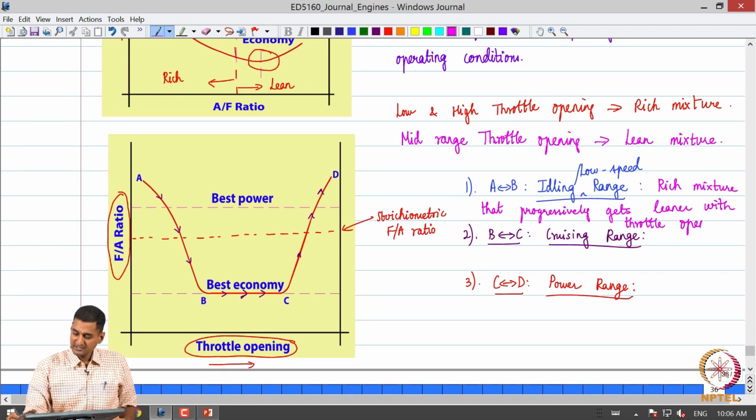That is what we would want from the fuel delivery system or the carburation system. Now, when we are cruising, we want a lean mixture for best fuel economy.